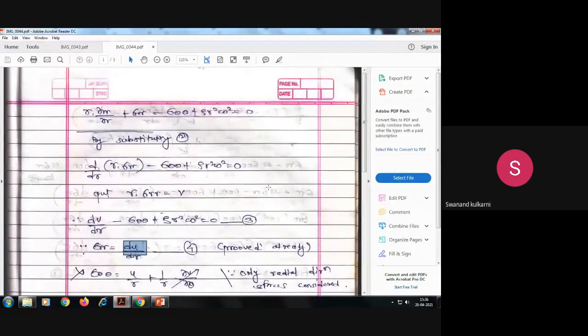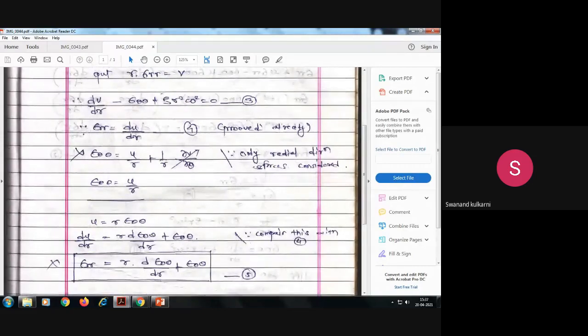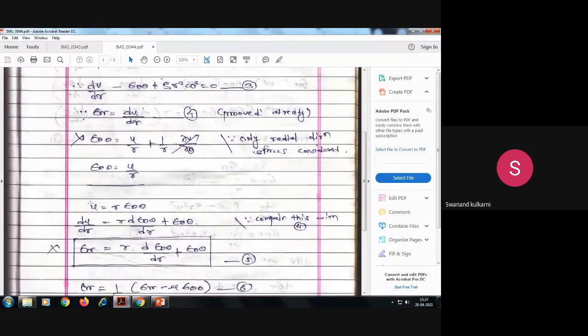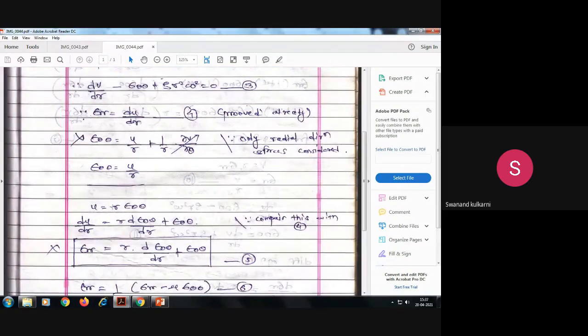Now in equation 4, if we try to keep it here, this is equation 4, and epsilon rr is nothing but du upon dr. Is it okay? So if we differentiate this u with respect to r, then we will get first function as it is into derivative of second plus second function as it is. So here du by dr is nothing but this epsilon rr from equation 4.